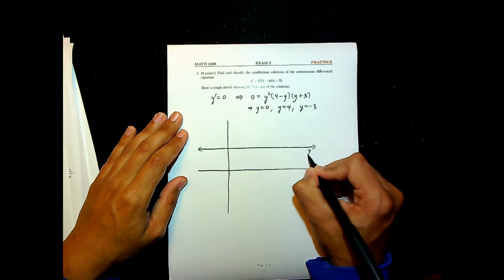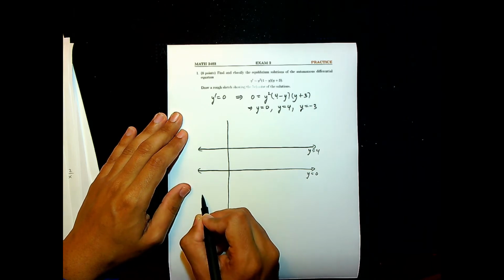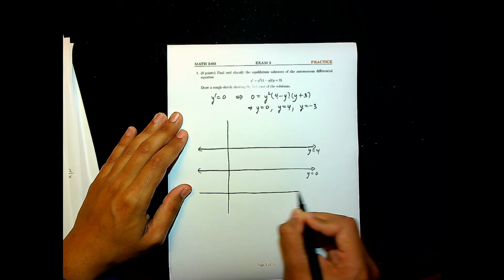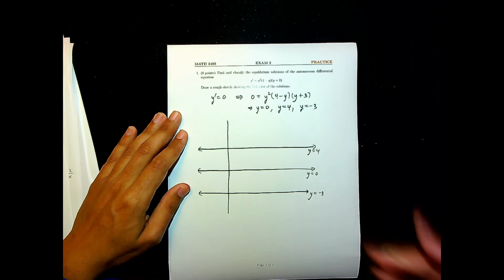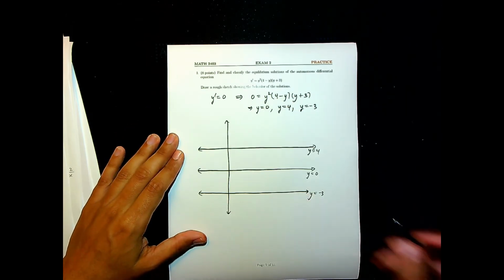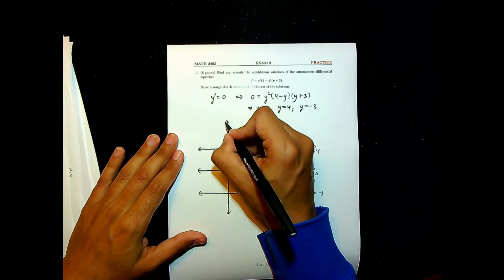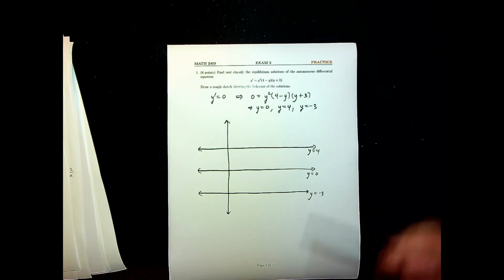And then somewhere over here we have y equals negative 3. Okay, so those are the three equilibrium solutions. This is also the same as the t-axis, right? T is the independent variable. All right, so now let's plug in numbers between each of these.